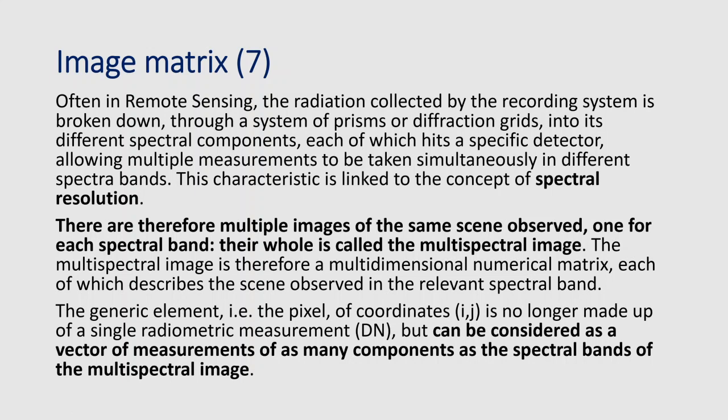It is just a sort of explanation of having different images piled up one over the other, because the reference system is the same. And so when we are measuring a single cell, in reality we are measuring a vector of measurements, one single digital number for one single spectral band.